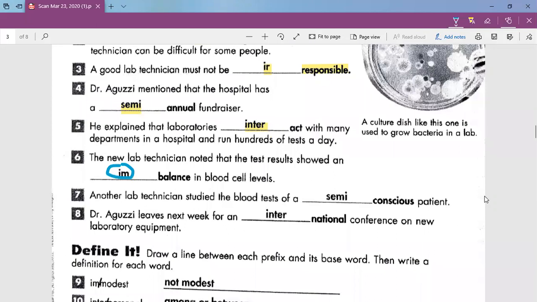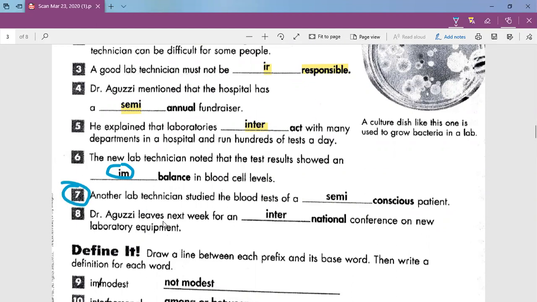Christian, go ahead and read the next one. Number 7.